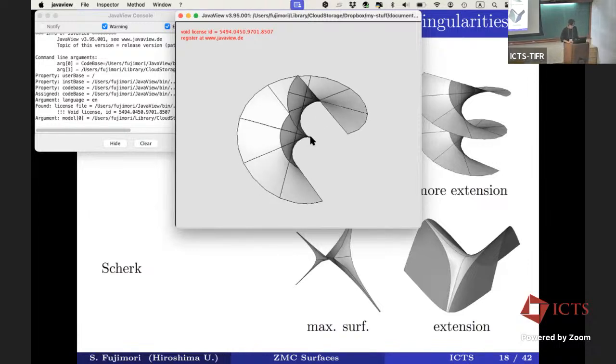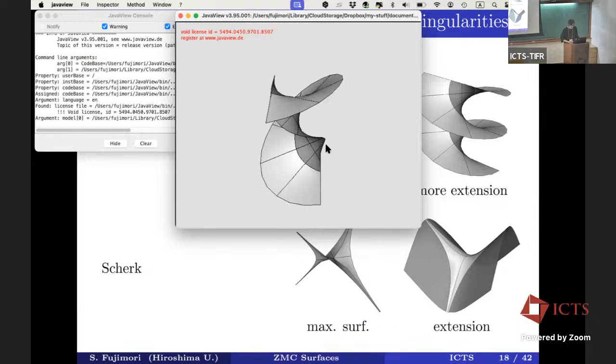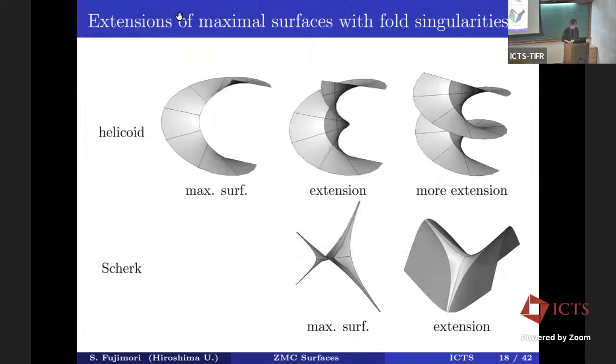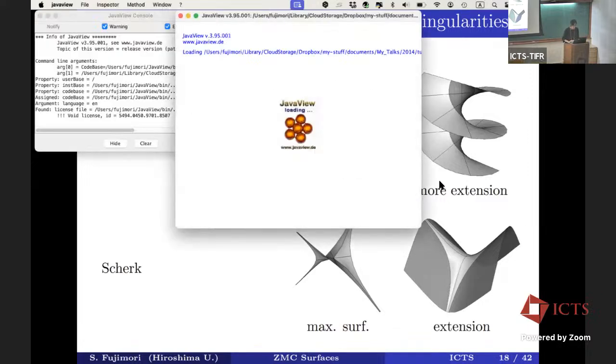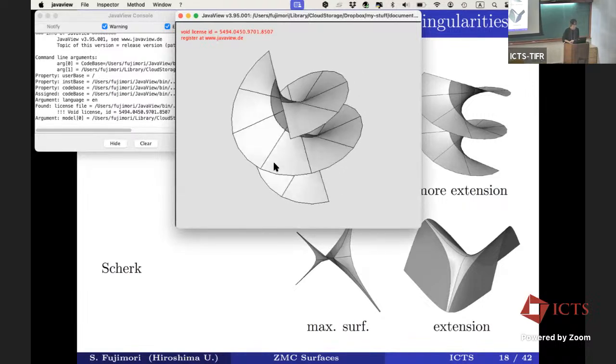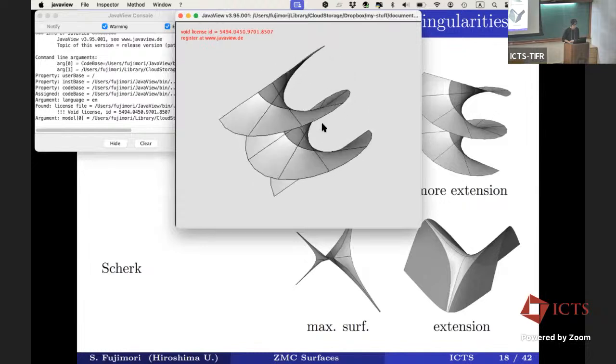Then again, we have a boundary here, so we cannot go further as a time-like surface. If we go further, then again it is a space-like surface, and we can extend more. Finally, we have this. And this is exactly the same as the minimal helicoid in R3.